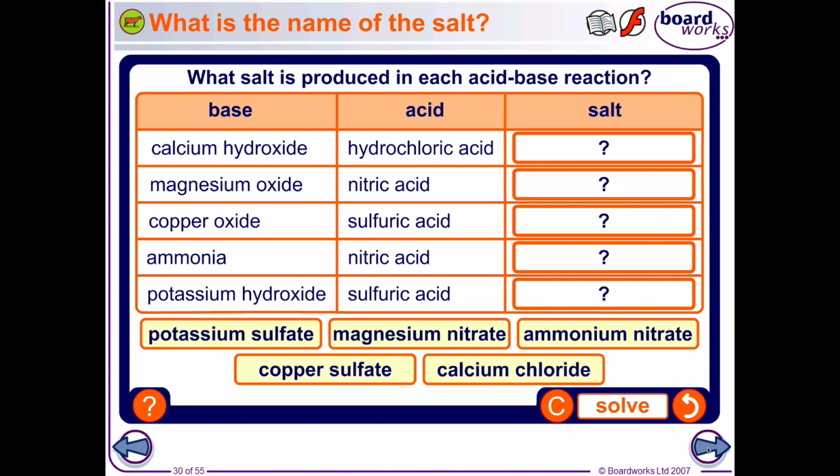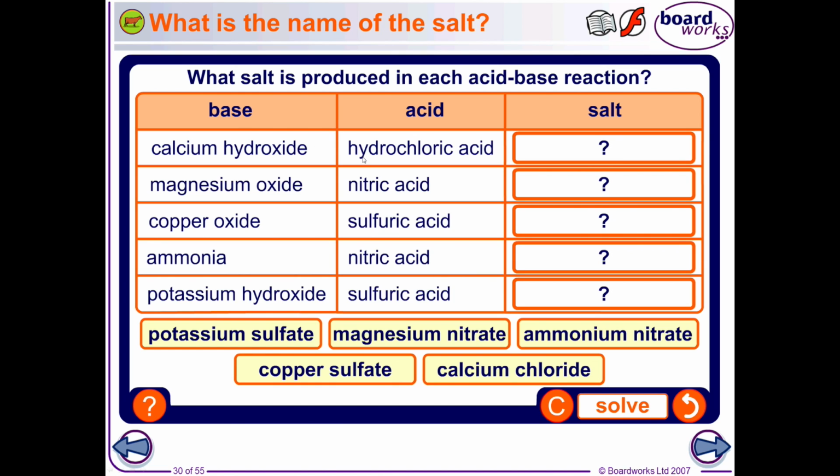Right, so here are some examples of acids and bases reacting together. You've got to remember that whatever the base we use, it is the metal from that base that we use in the salt. We'll start off with calcium hydroxide plus hydrochloric acid.